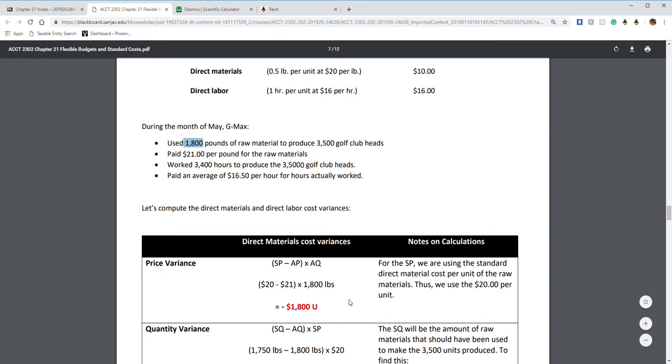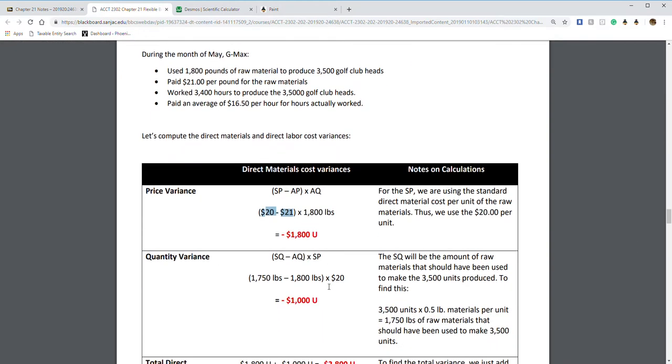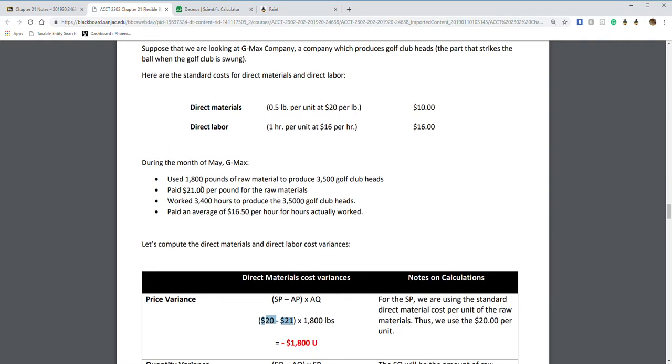So this really means, as I can see, it was going to be negative no matter what. So this is very unfavorable. Unfavorable by 1,800.